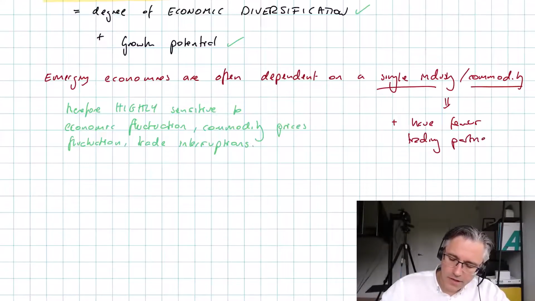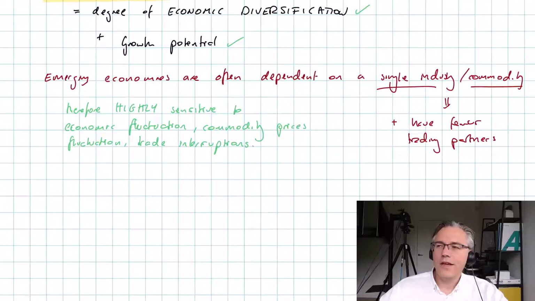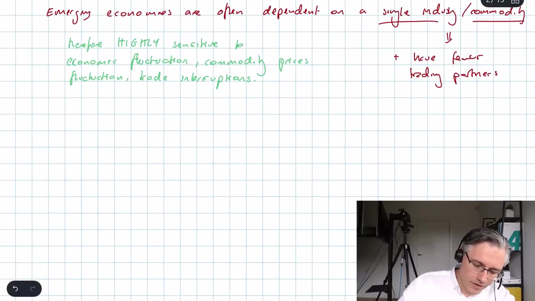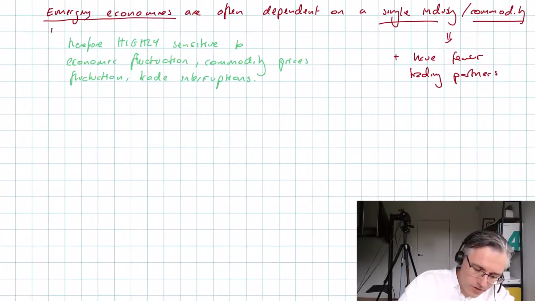So it's also about having a more or less diversified trading partner base, or importer base, because if you rely on a single big buyer or a couple of big buyers for your commodities, maybe some very big powerful companies or nations, well, that doesn't make you crisis proof at all.